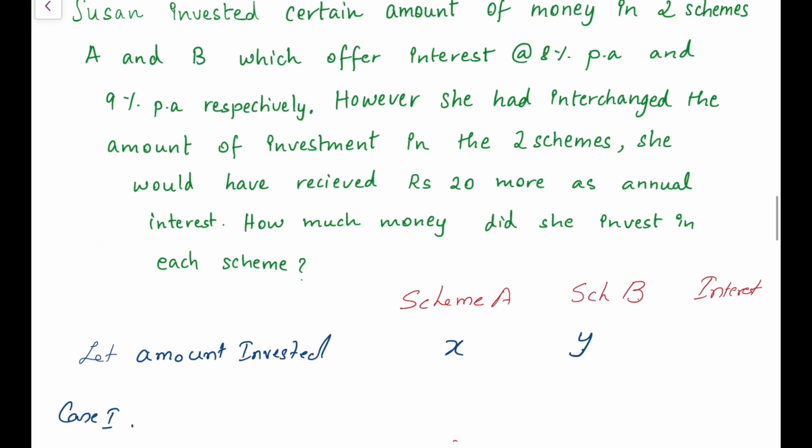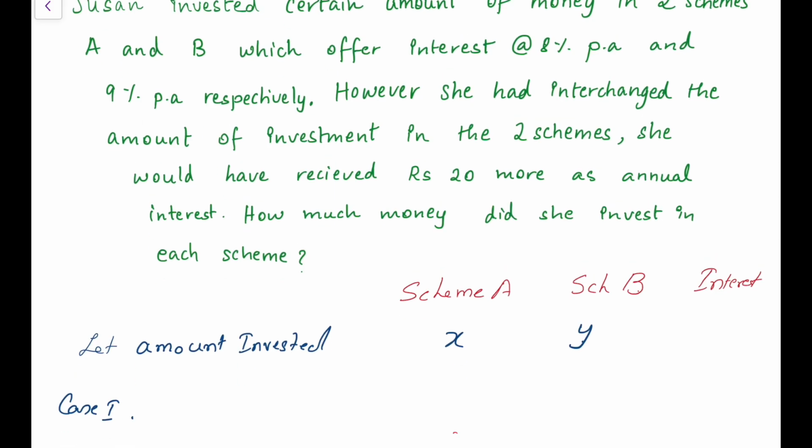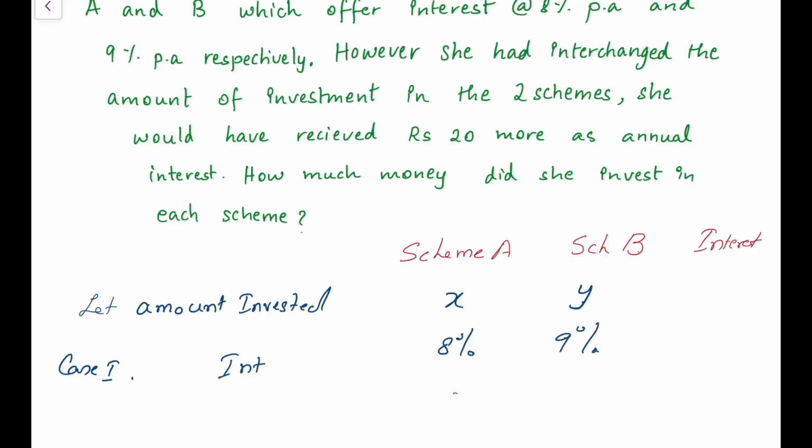Now case 1. So two schemes which offer 8% per annum and 9% per annum respectively. So case 1, interest 8% and 9%. However, she has interchanged the amount of interest in the two schemes.